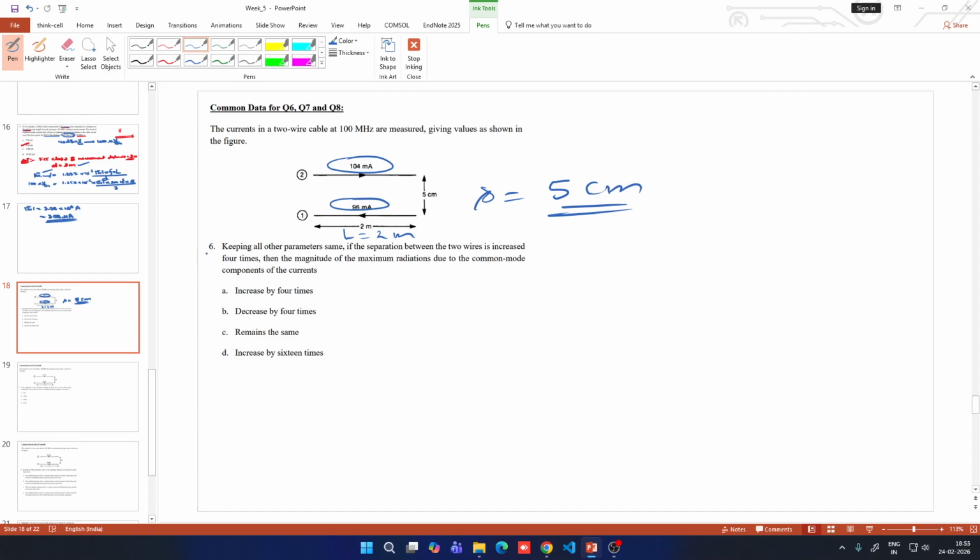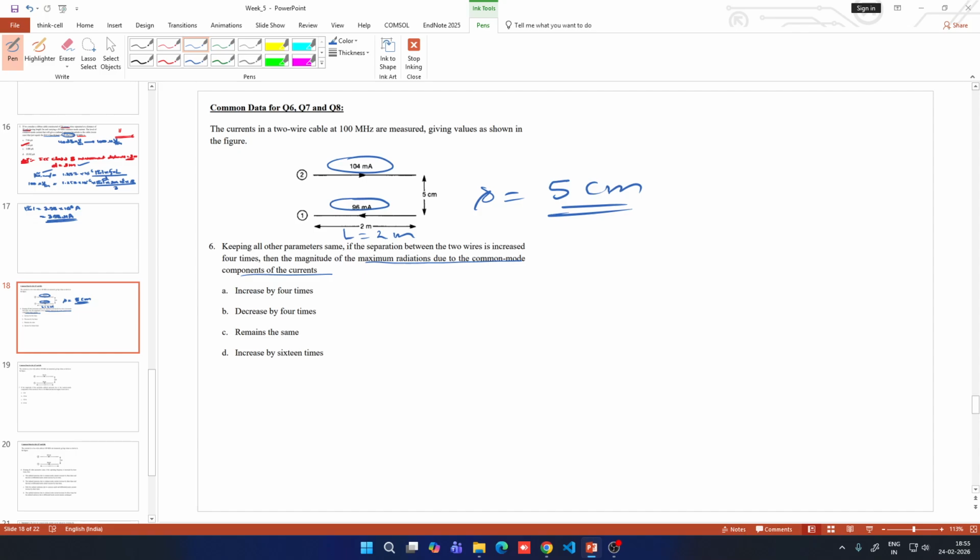Now we will move on to question number 6. Keeping all other parameters the same, if the separation distance between the two wires is increased 4 times, then what happens to the magnitude of the maximum radiation due to the common mode component of the currents? Four options are given. So the question is asking what will happen if the separation distance between the wires is increased by 4 times, say from 5 centimeters to 20 centimeters.